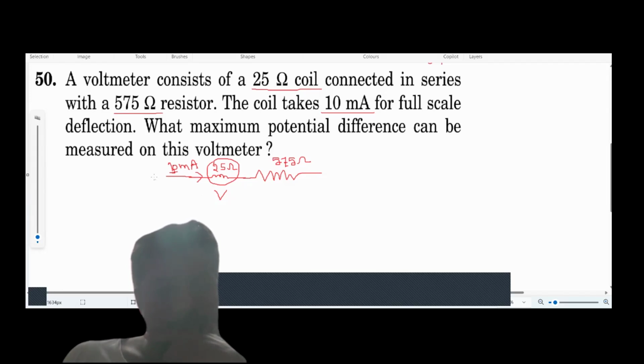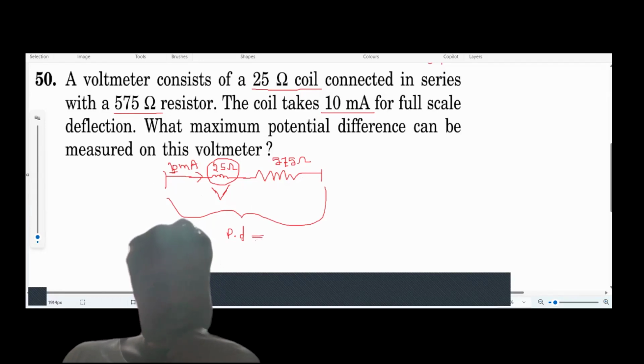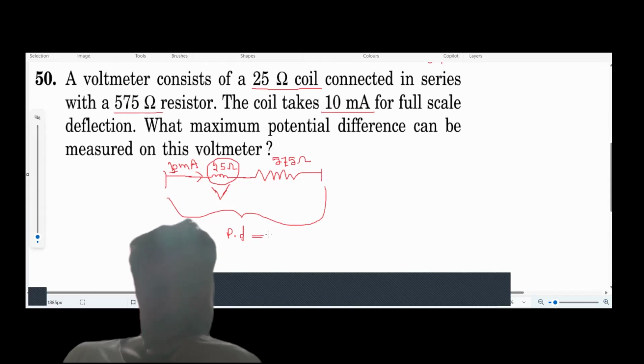So whatever the potential difference you can see between these two points is the potential difference that the voltmeter can measure.